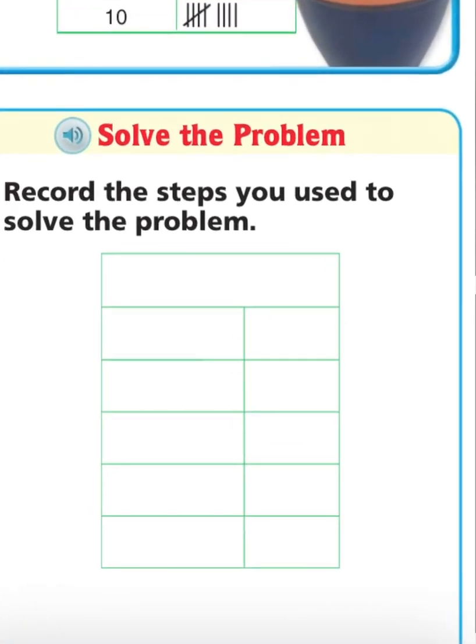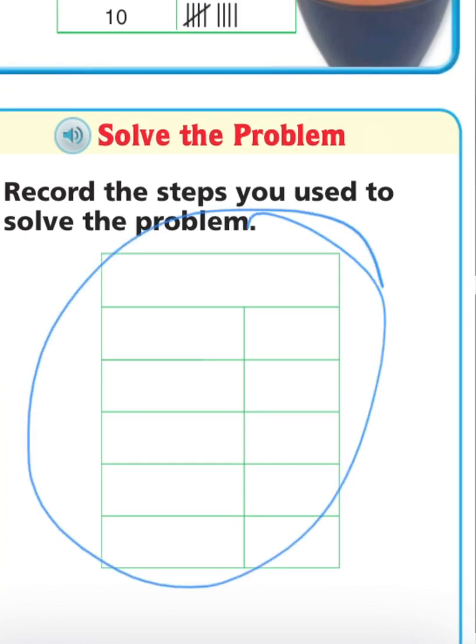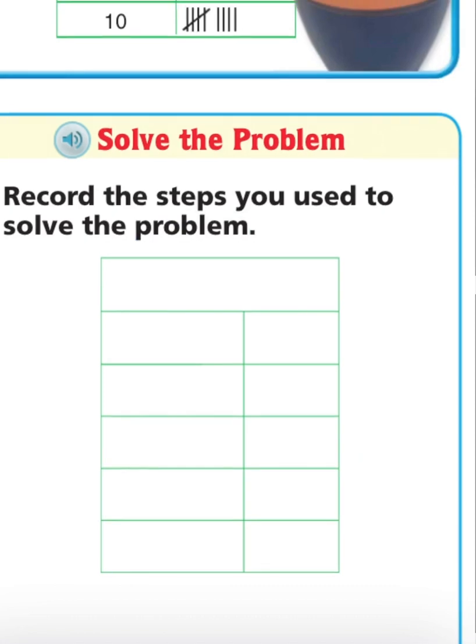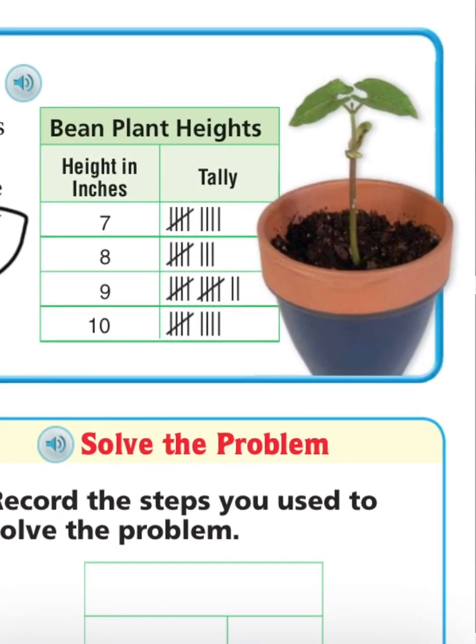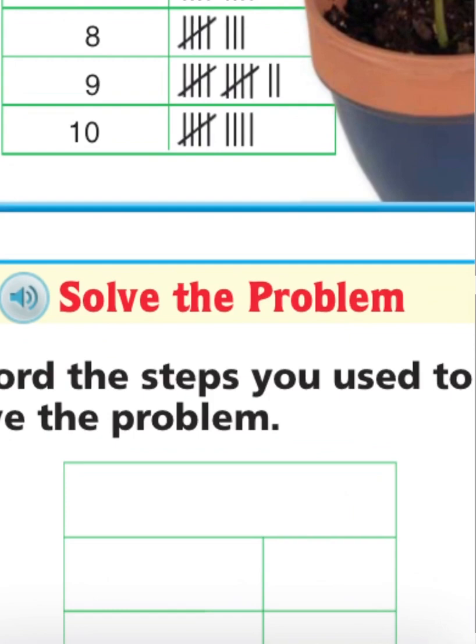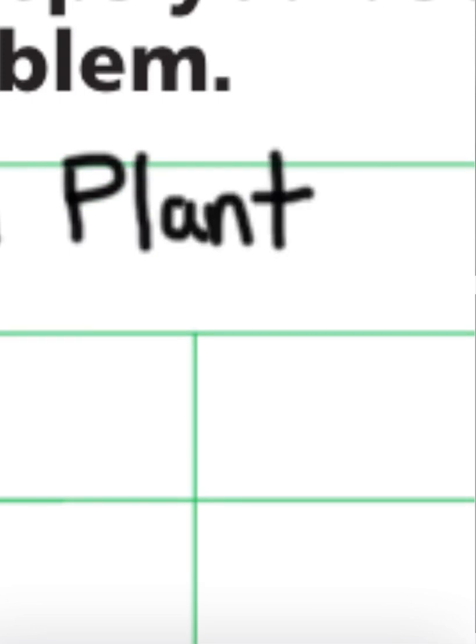We need to record the steps we use to solve the problem, but first we have to fill out this frequency table. So we're going to use the data from the tally table, and the title will stay the same, so we're going to put bean plant heights, and we have to be creative because we might run out of room. Bean plant. Am I going to be okay?